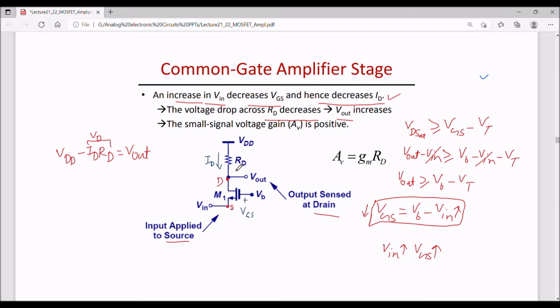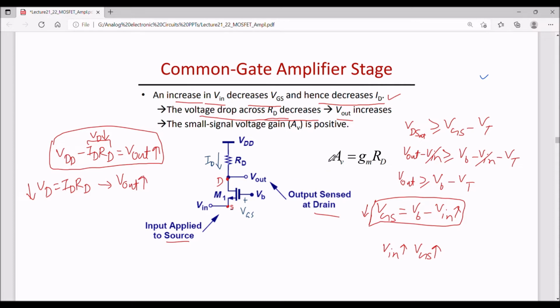So when the voltage drop across RD decreases, that is when this VD or ID RD decreases, obviously Vout should increase. From this equation, Vout will increase.